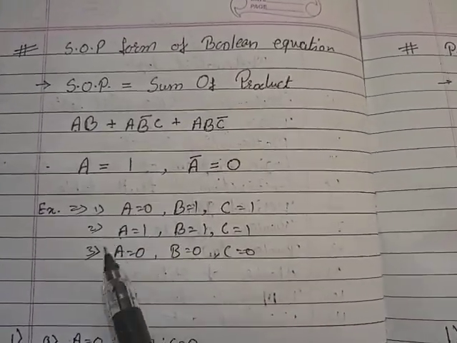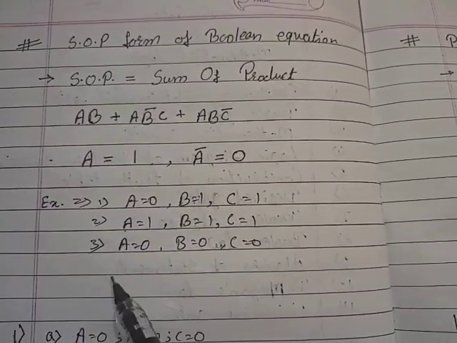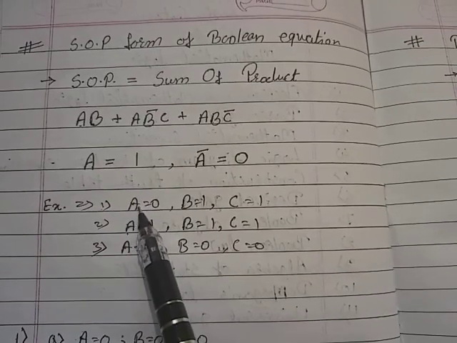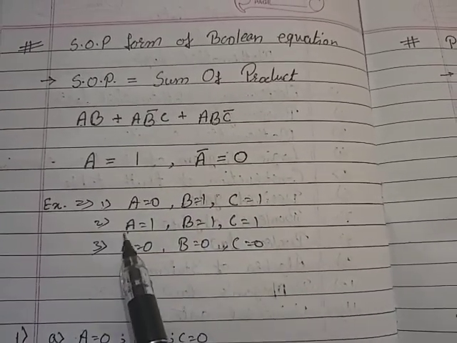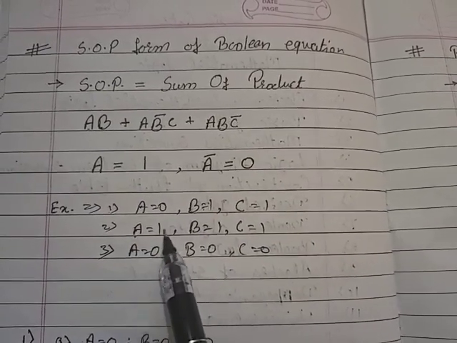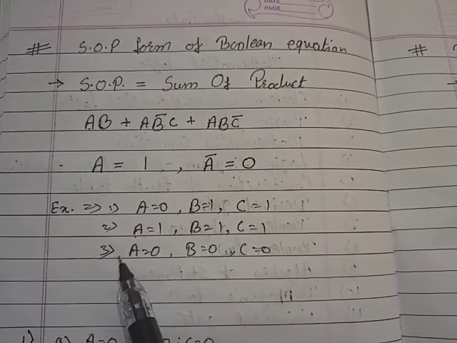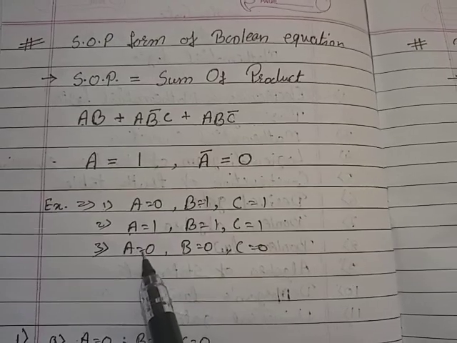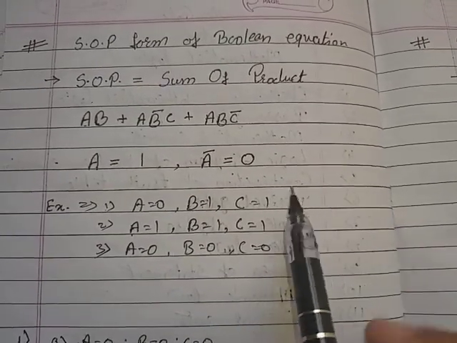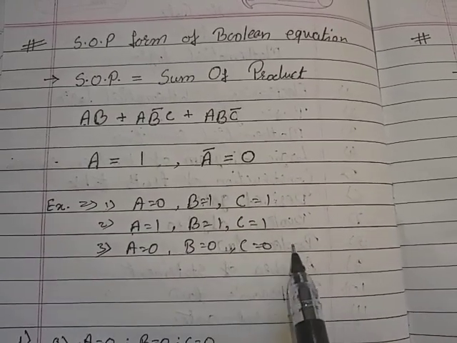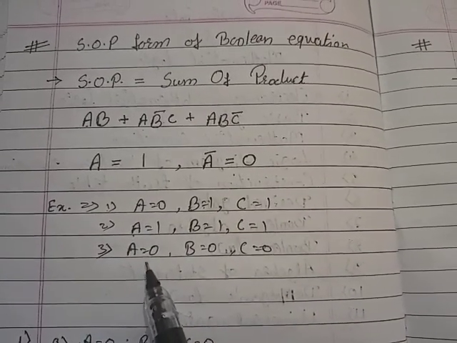In the first condition, a is equal to 0, b is equal to 1, c is equal to 1. In the second condition, a is equal to 1, b is equal to 1, c is equal to 1. And in the third condition, a is equal to 0, b is equal to 0 and c is equal to 0.